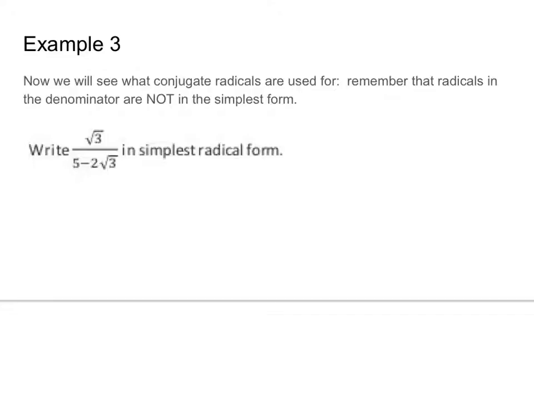Okay, now we're going to see what conjugate radicals are used for. Remember, radicals in the denominator are not in the simplest form, so we need to get rid of any radicals in the denominator.